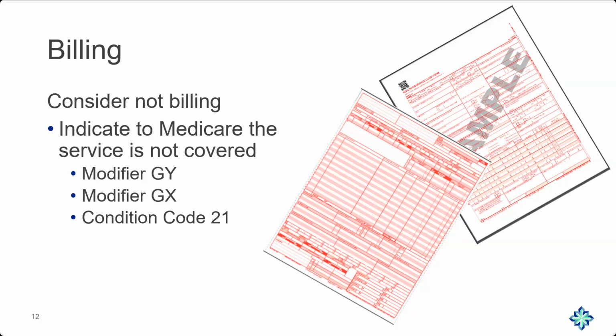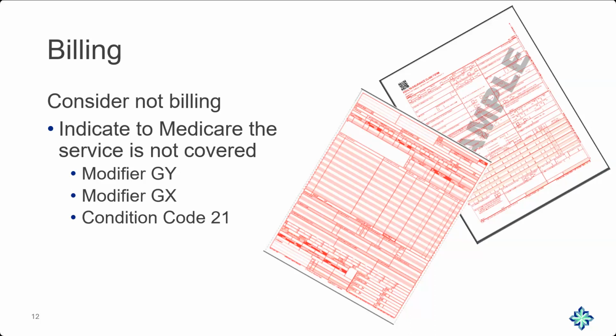If on the other hand there are some covered services, or you're billing on a 1500 or 837P, then you do need to use a modifier, and it's GY, indicating it's non-covered and you did not give an ABN, which you are not required to, but you didn't give one, or modifier GX, which indicates it's non-covered but you did give them an informational ABN.